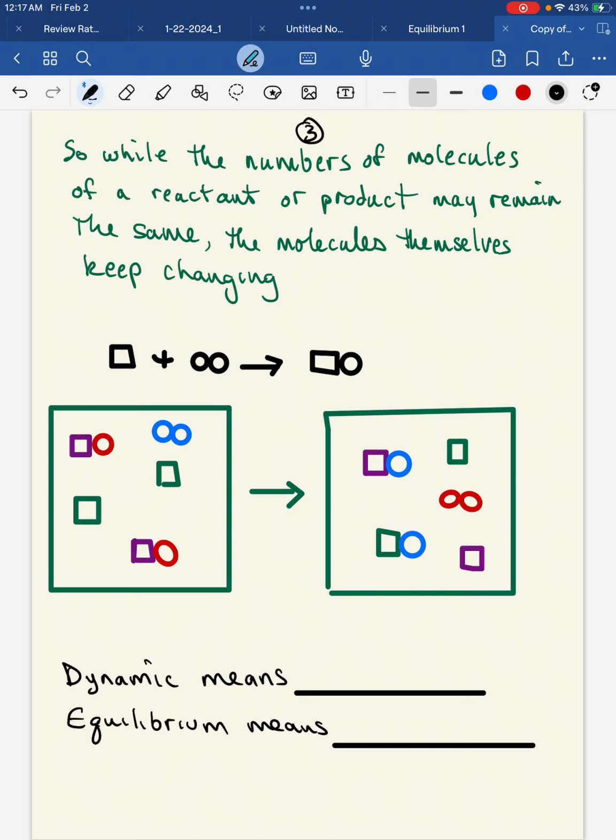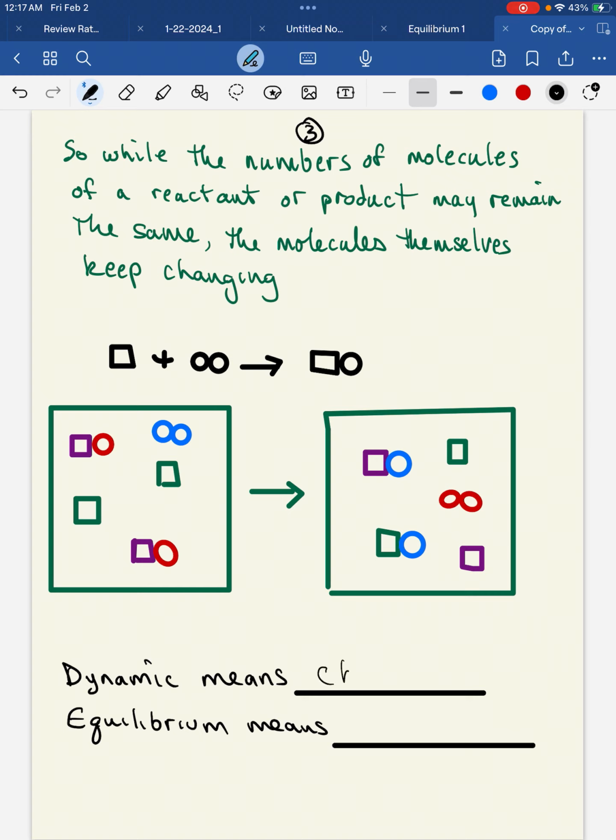Notice how the purple-red combination became a purple-blue combination, and the green ended up picking up blue, and the two red circles became a double red circle. So everything keeps changing. Even though the numbers of everything stay the same, which molecules they are keep changing.